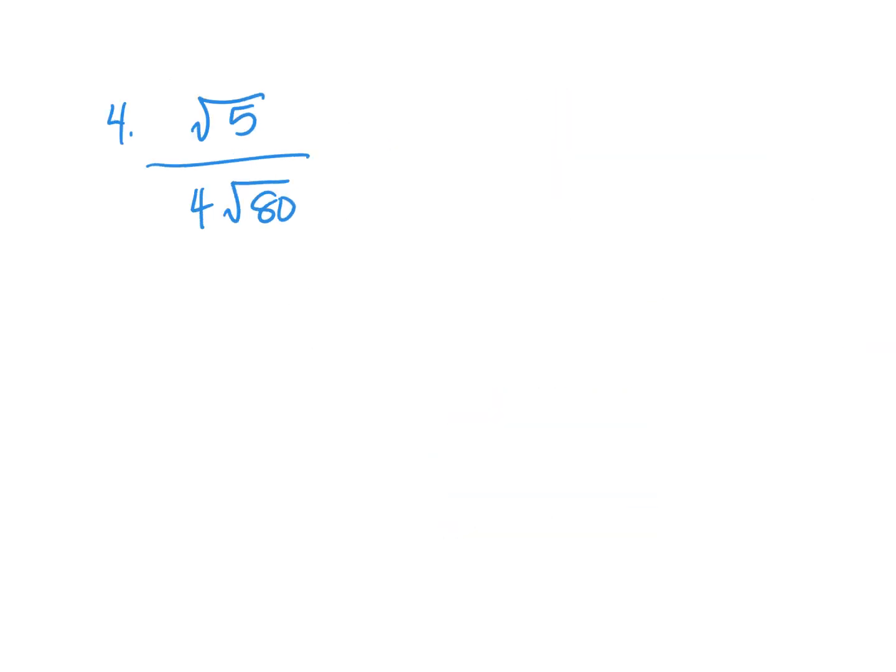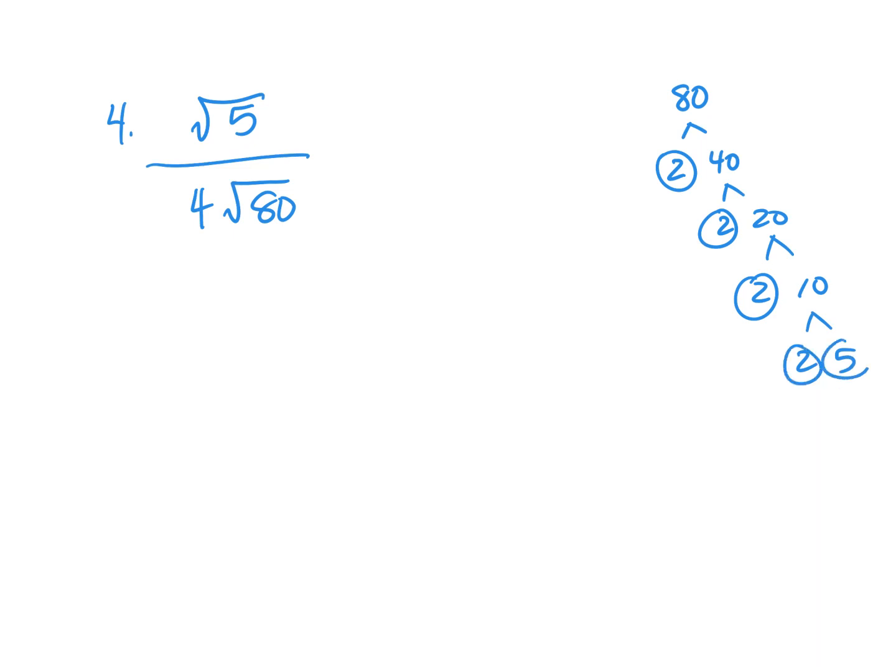Okay, so radical 5 doesn't simplify. It can't come out of the radical, so let's just leave him alone. And let's look at the 80. We're going to start factoring 80. 2 times 40, 2 times 20, 2 times 10, 2 times 5, right?